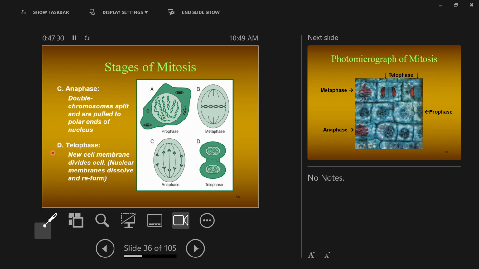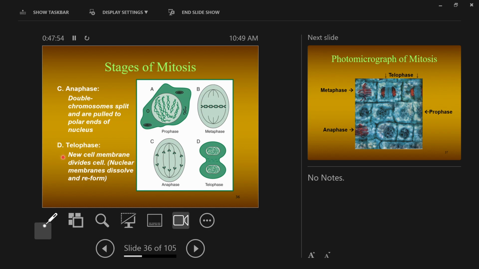C and D is the actual splitting. C is called anaphase. The double chromosomes split and are pulled to opposite ends of the nucleus. C, anaphase. D, telophase.